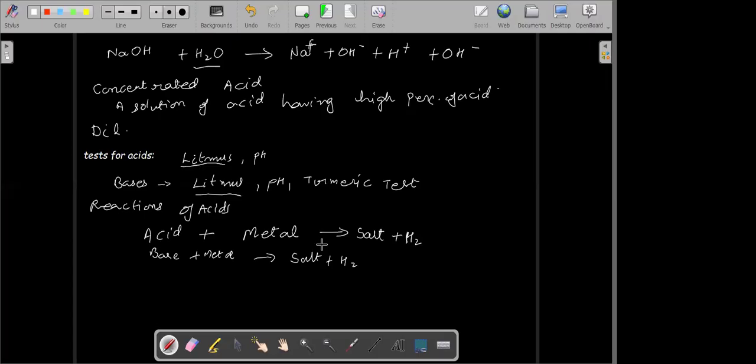These are the two salts which are obtained: sodium aluminate and sodium zincate. Okay. Also balance the reaction. Sir, completed.